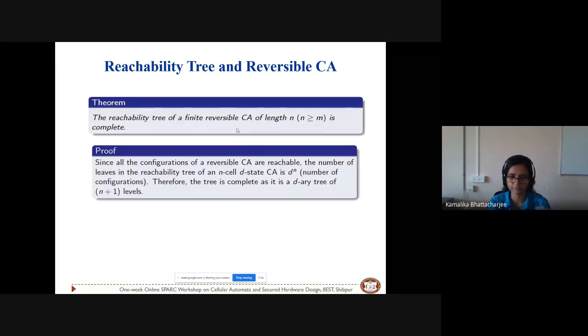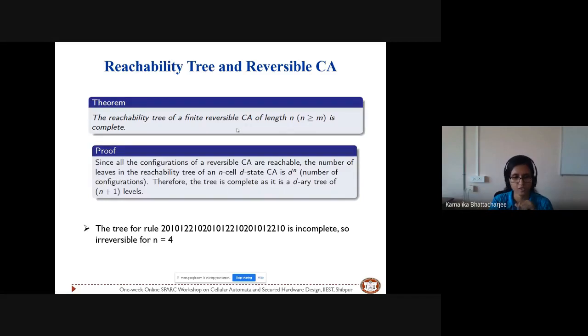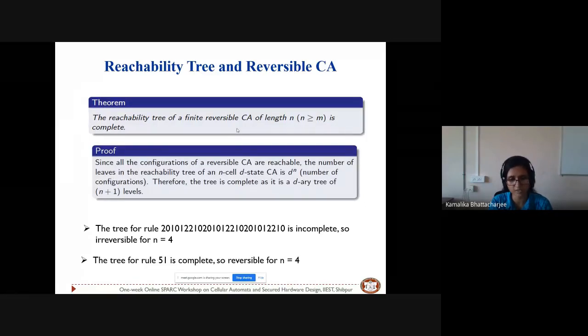So it is a d-ary tree with n plus 1 levels, and all d to the power n configurations have to be present there. That means the tree will be complete. Now in the first example I showed you, the tree was incomplete, so it is irreversible, whereas for rule 51 the tree is complete, so it is reversible.